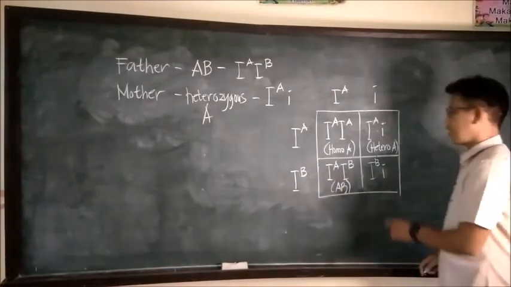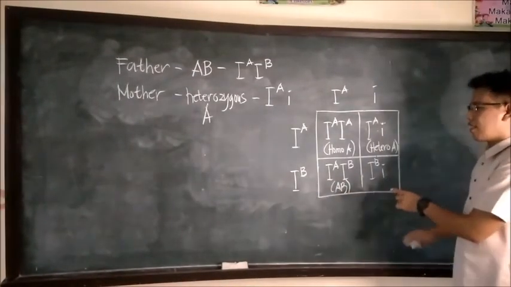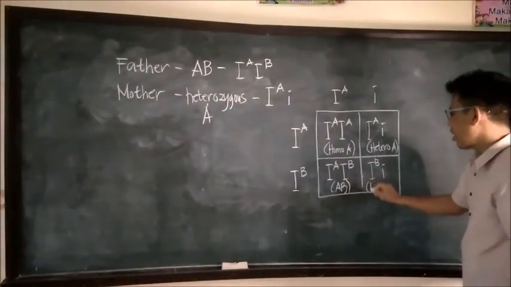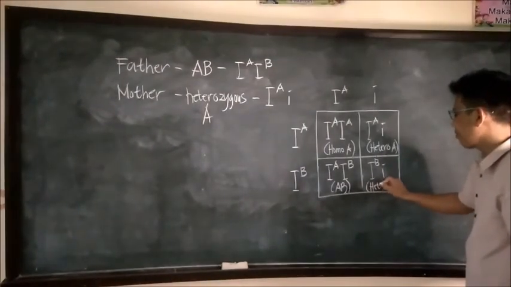And lastly, another one is IBi and it is heterozygous, so it is heterozygous B.